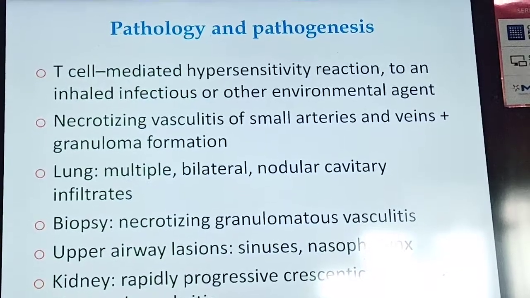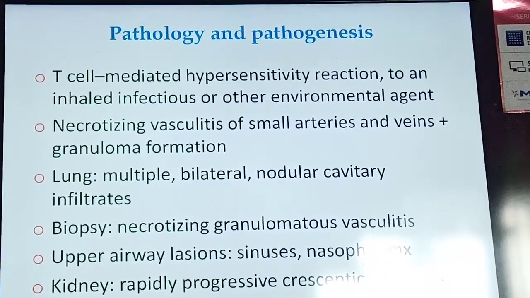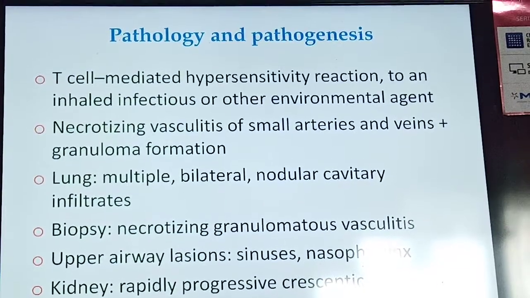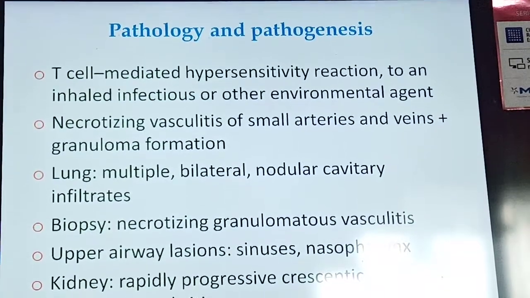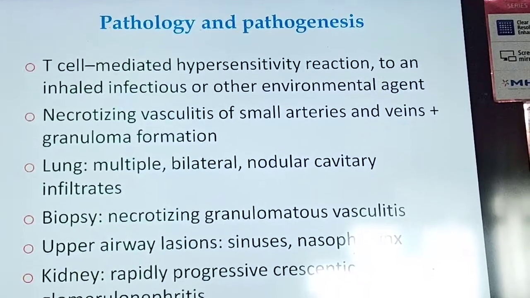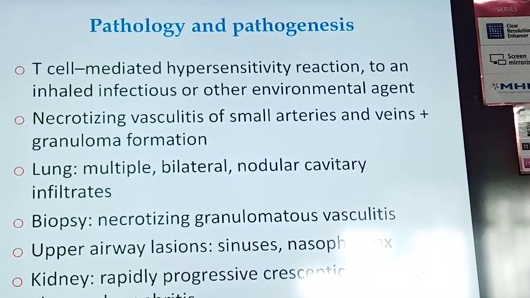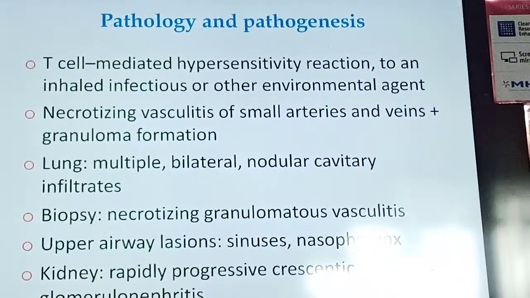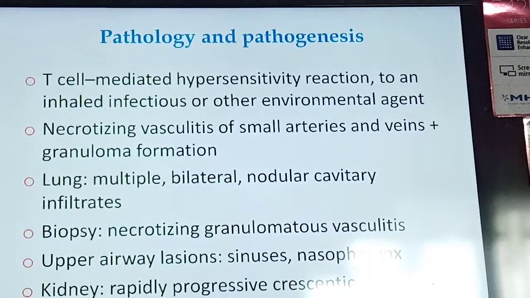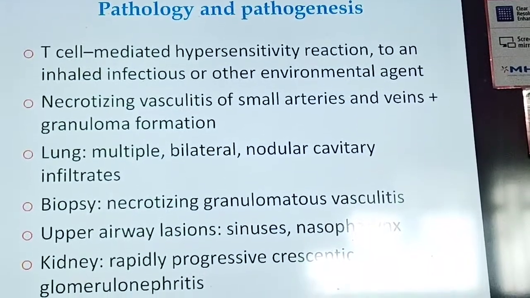There is necrotizing vasculitis of the small arteries and veins, and granuloma formation. In the lung, there are multiple bilateral nodular cavitary infiltrates. In biopsy, there is necrotizing granulomatous vasculitis, in the upper airway region, sinuses and nasopharynx. In the kidney, there is rapidly progressive crescentic glomerulonephritis.